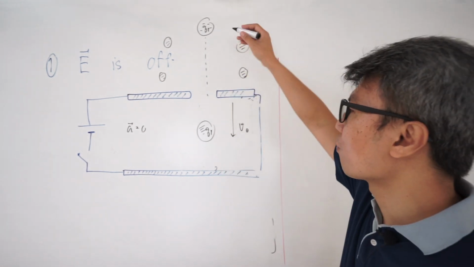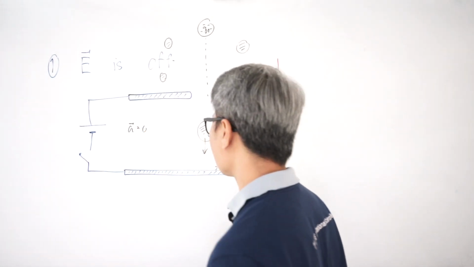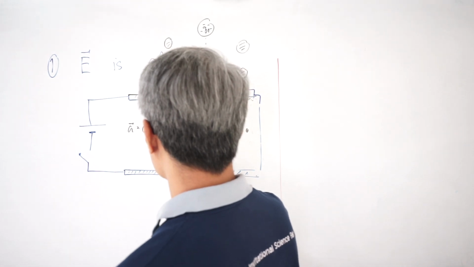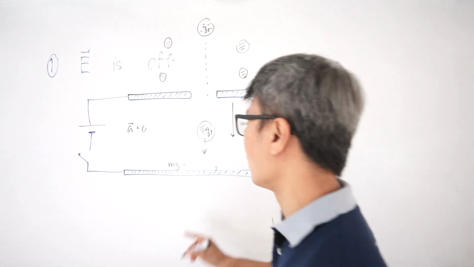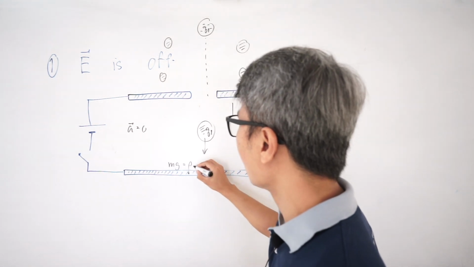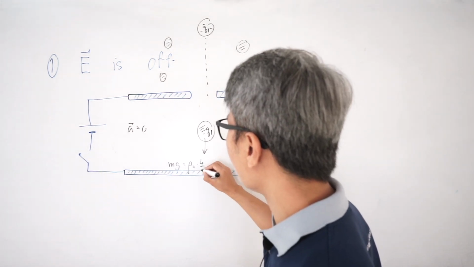Definitely, when it's falling down, there must be gravity acting on this drop. The gravity can be written as mg, and mg should be equal to the density of the oil multiplied by the volume of the oil.